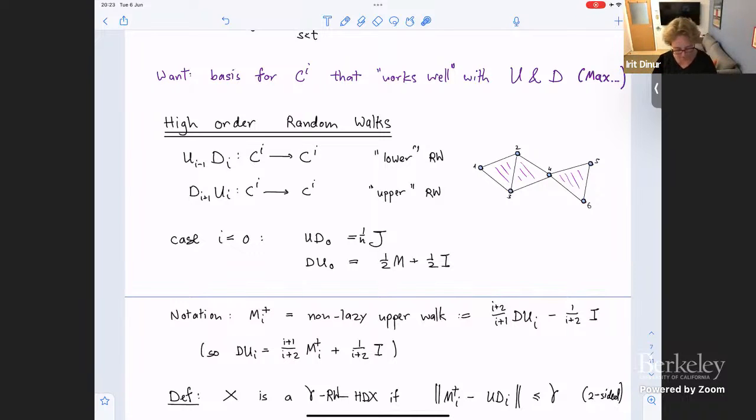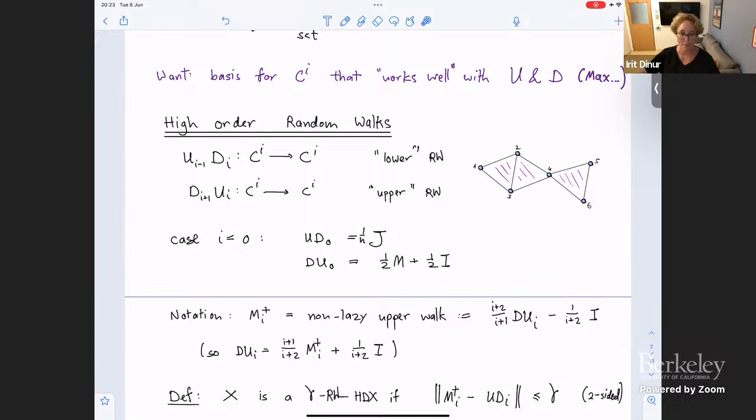For i equals 0, I get half here and half here. And M_0^+, the non-lazy upper walk, is exactly the walk that goes from a vertex to a random edge containing it, and then to a random vertex in this edge, except you're not allowed to go back. So you must go here. It's really just a random walk on the graph. So M_i^+, in the case of i equals 0, is really the adjacency matrix of the graph.